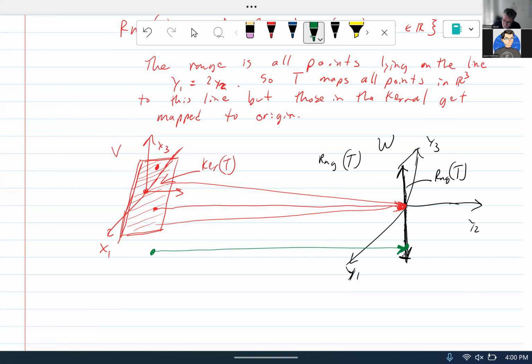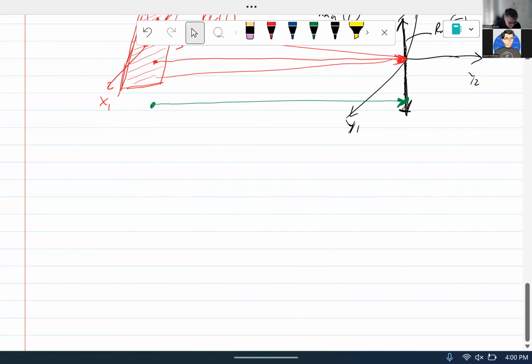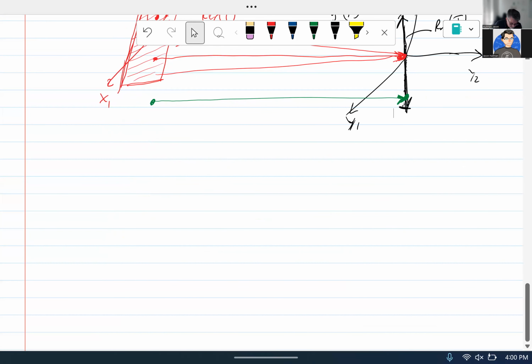Okay, number 2. Let's go back to red. Let T go from P1 of R to P2 of R, so the transformation that takes linears to quadratics.